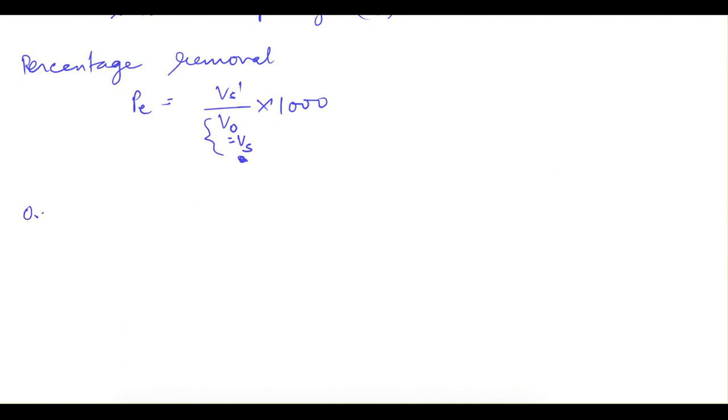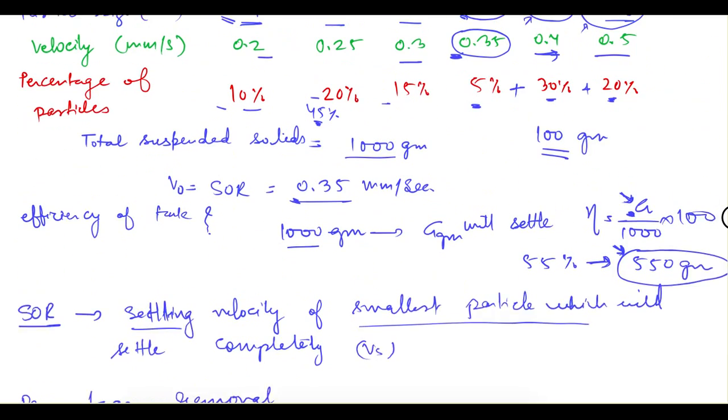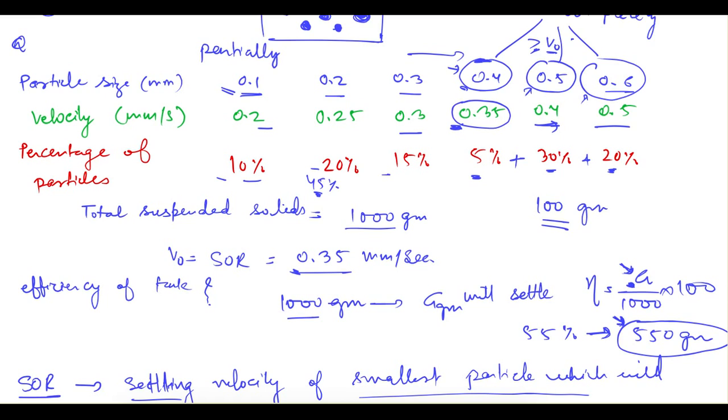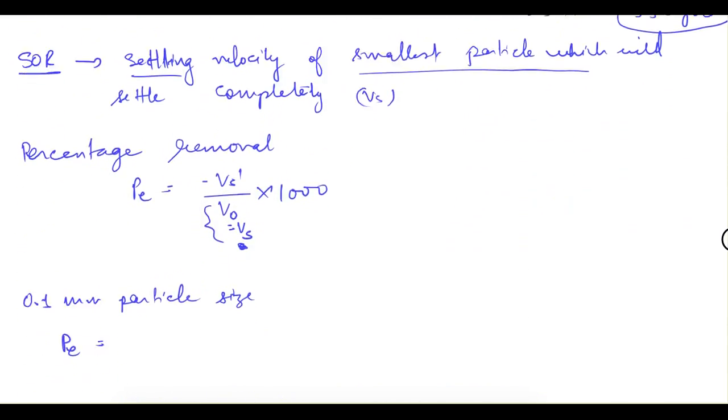So let's calculate for 0.1 mm particle size first. We are trying to find out the amount of particles that have settled. So first of all, let's find out the percentage removal. That is equal to Vs dash upon V naught. So what is the velocity of this 0.1 mm particle? It is 0.2 mm per second.